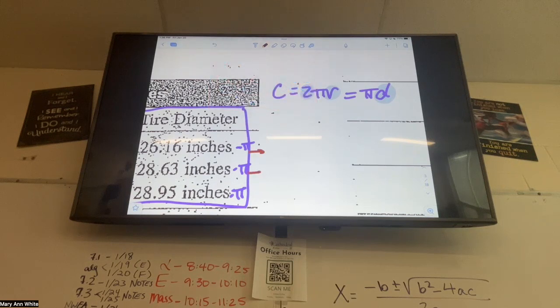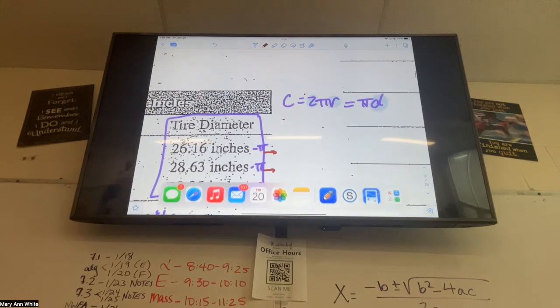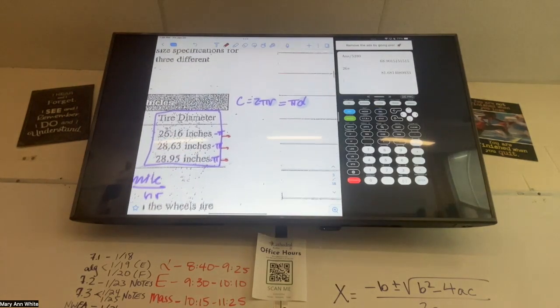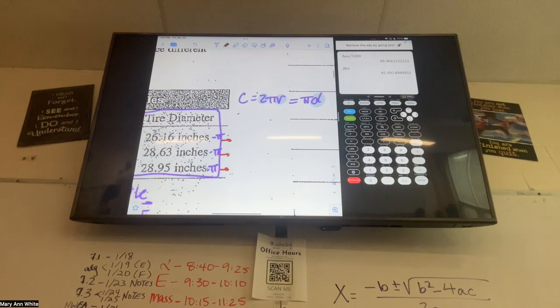So we're going to do that on our calculators. I'm just multiplying each of these diameters by pi to figure out what my circumference is, or what's equal to 1 rotation. So 26.6 times pi, and I do want these decimals, so 82.18 inches is my first one. 28.63 times pi is going to be 89.94 inches.